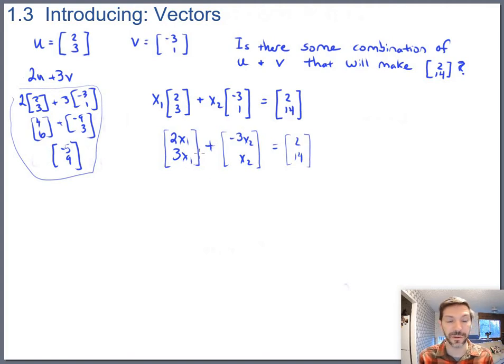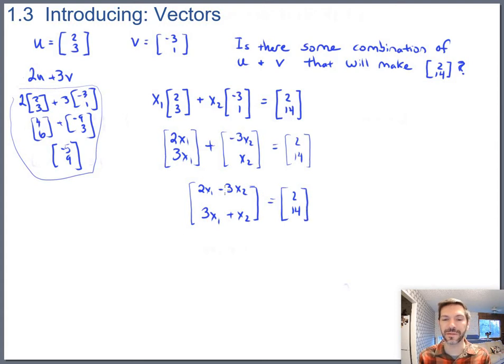And now we'll go ahead and do the addition. And these are not like terms, they have different variables, so we can't really combine them, but we can write this as a single vector with one algebraic expression in the top entry and a different algebraic expression in the bottom entry. And we still want that to come out to (2, 14).